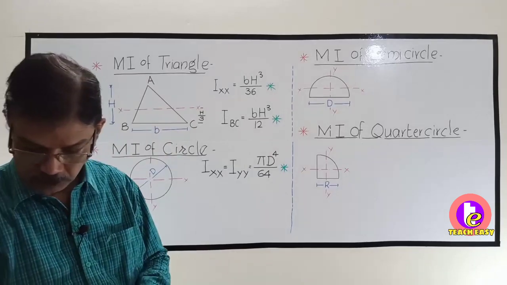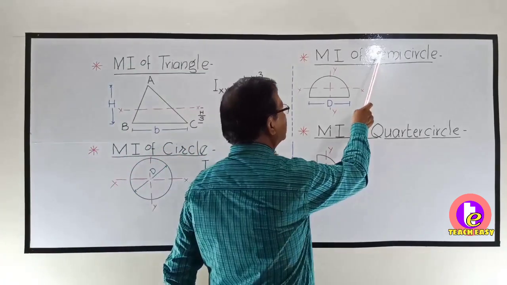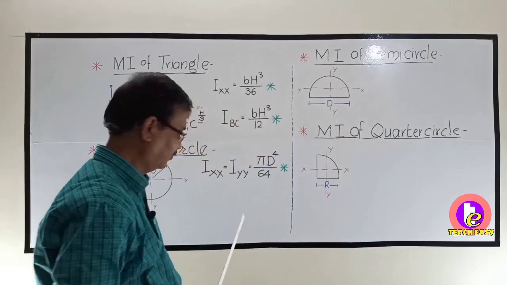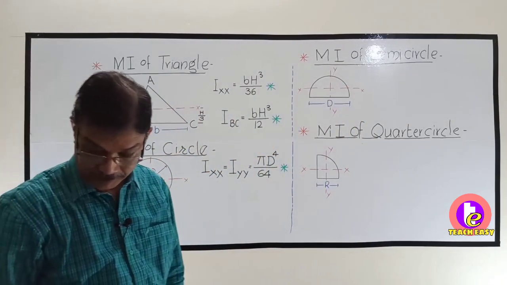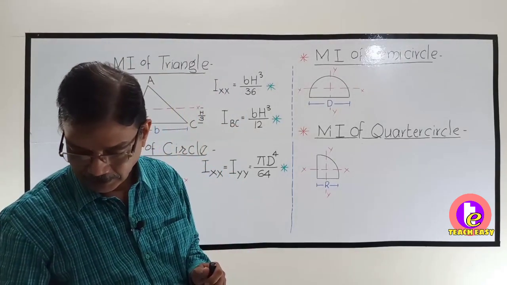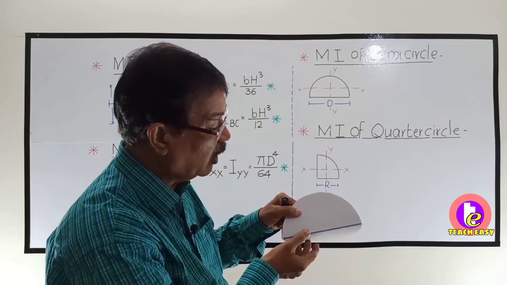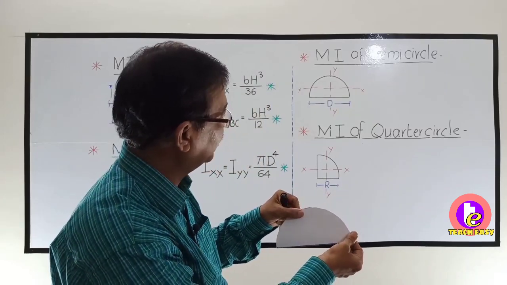Now let us go for the next figure, that is semicircle. Now look here, semicircle. Now this is circle. If I fold it, it will become semicircle.